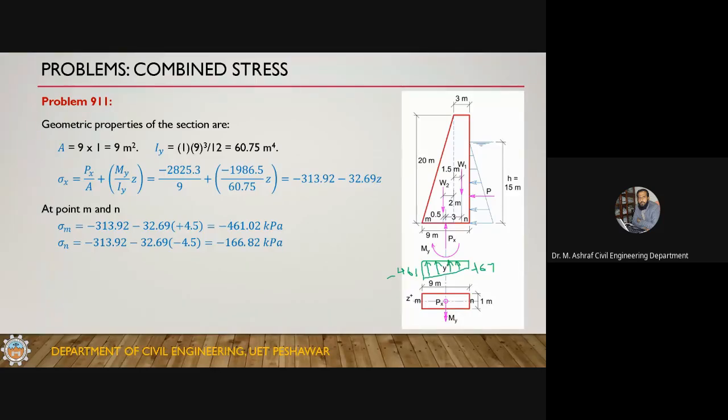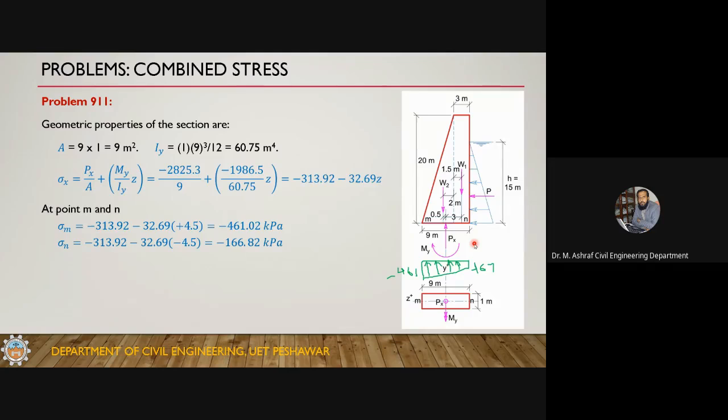Now, if you increase this pressure, then there is a possibility of a tensile stress at this location. If you do have a tensile stress, since there is soil beneath this, there is no contact between them.